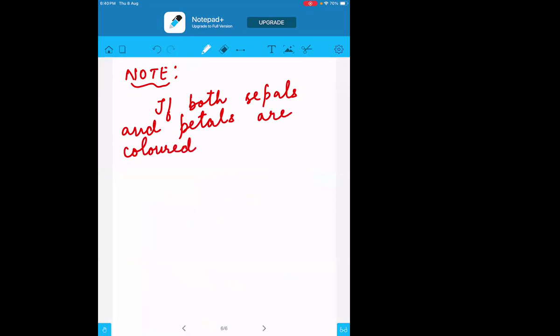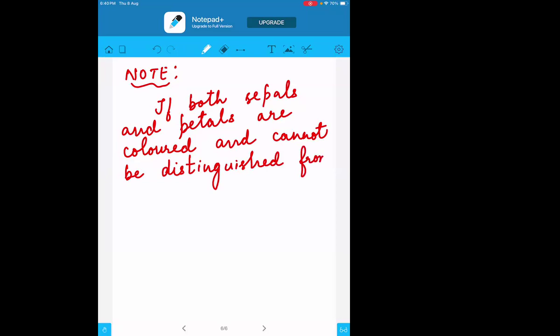Because both are colored, we cannot distinguish which are the sepals and which are the petals. They cannot be distinguished from each other. Then their whorl is called the perianth. What do you mean by whorl? Whorl means circle, okay?